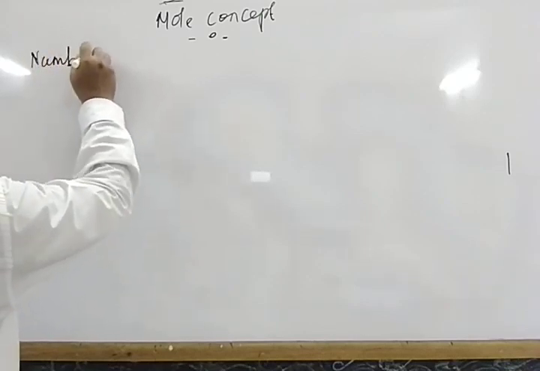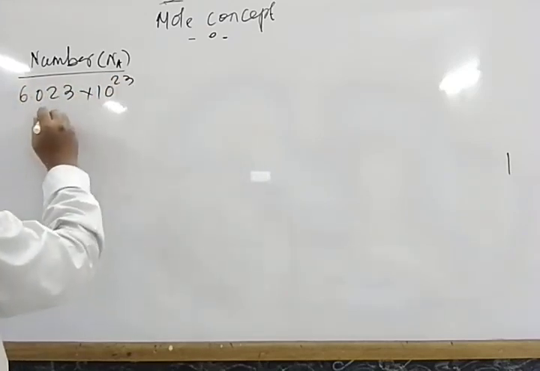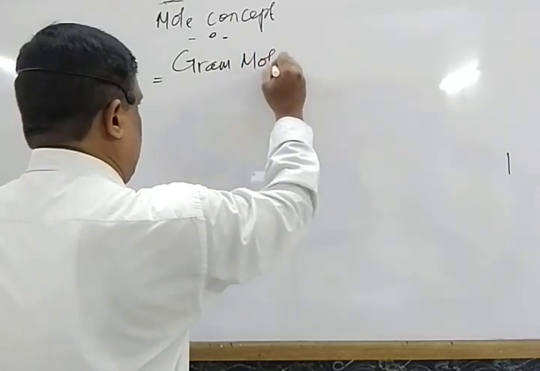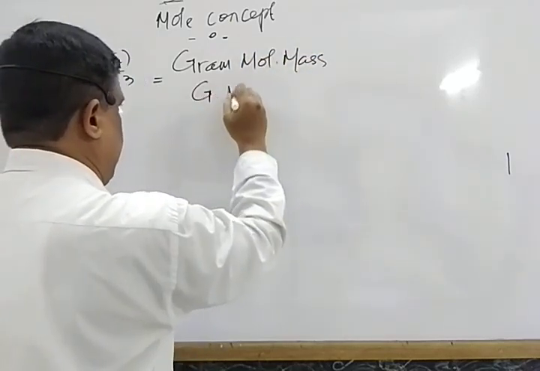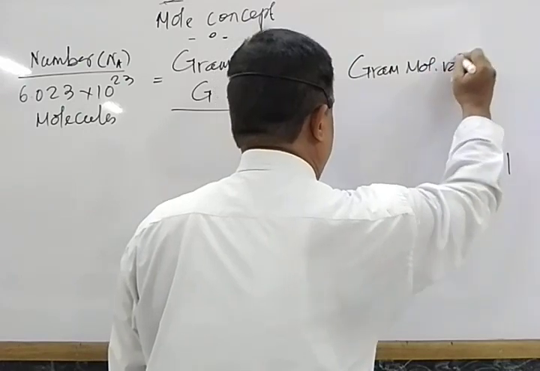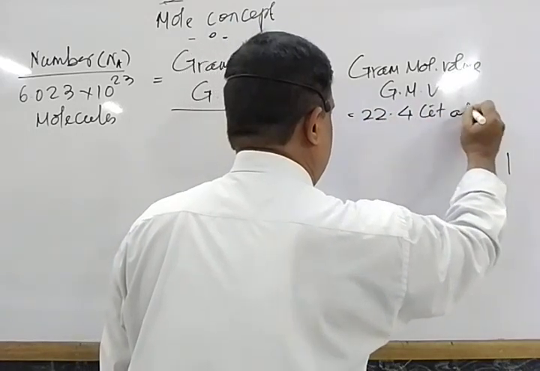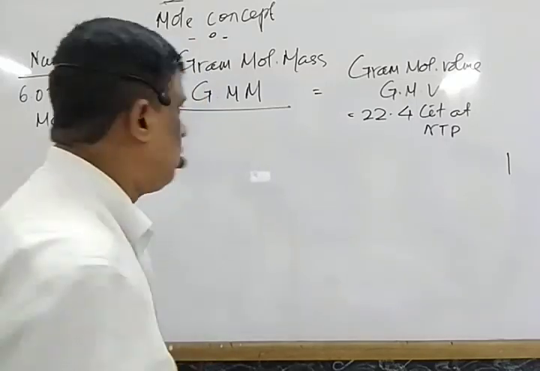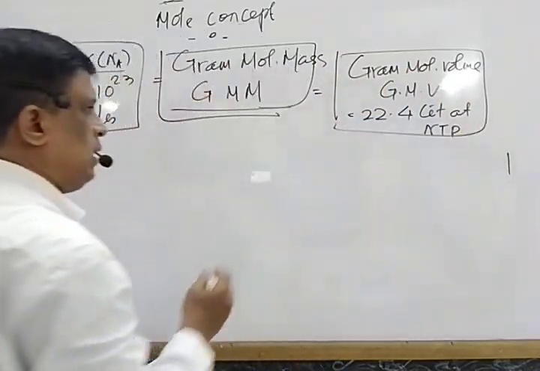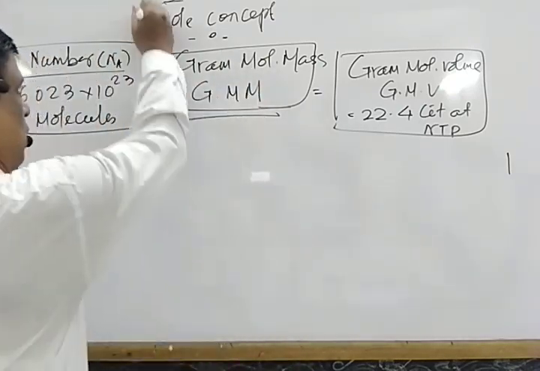Avogadro number, 6.023 into 10 to the power 23 molecules, is equivalent to gram molecular mass, that is GMM, which is equivalent to gram molecular volume, GMV, which is equivalent to 22.4 liter at NTP. This GMM equivalent to GMV equivalent to Avogadro number of molecules is known as 1 mole.